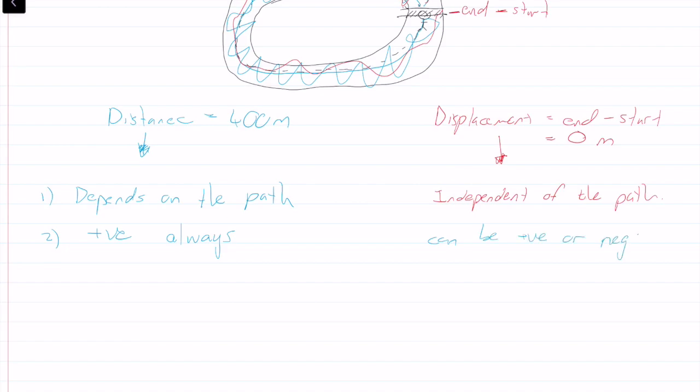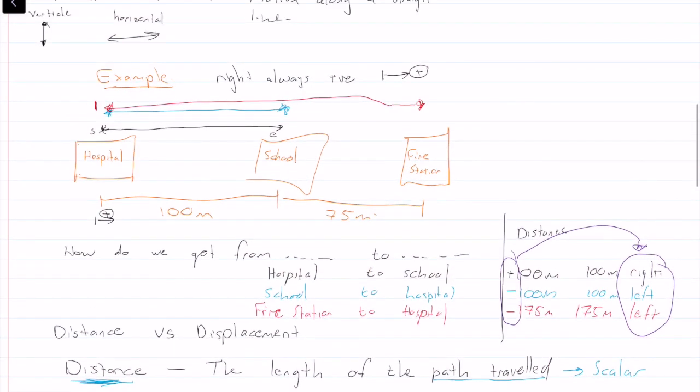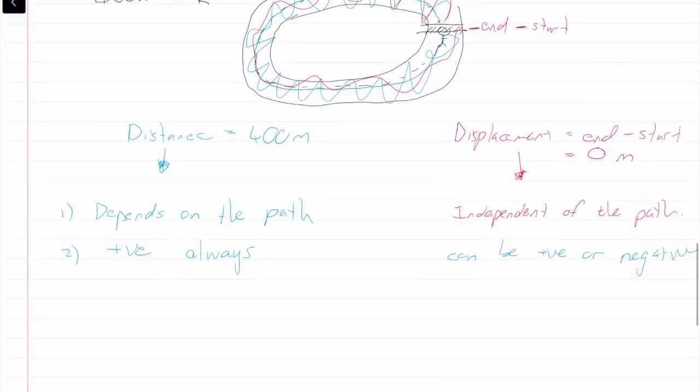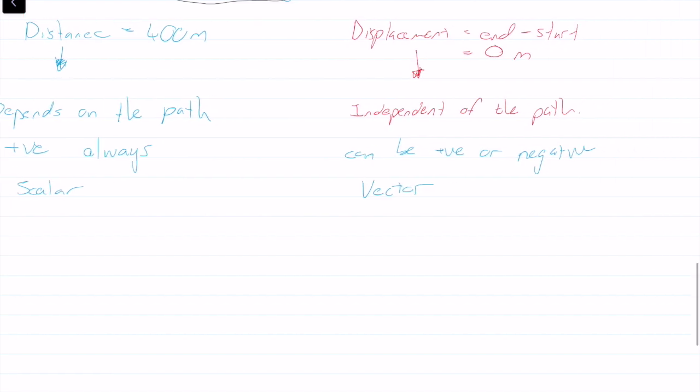We saw that in the first example, if you ended up going from the fire station to school, we ended up with a negative displacement. And the third difference, obviously point 2 leads to point 3: distance is a scalar, while displacement is a vector. Oh no, I've made a mistake. In red, there we go.